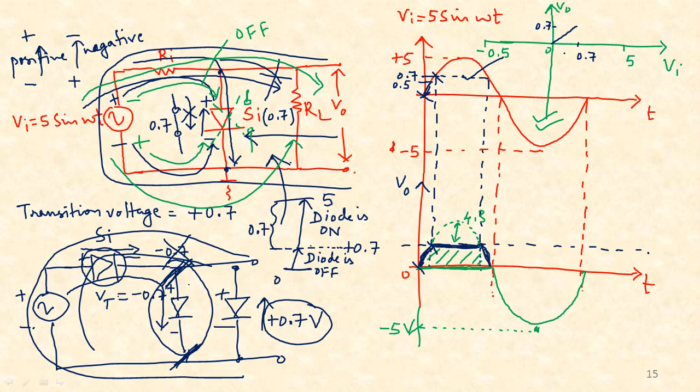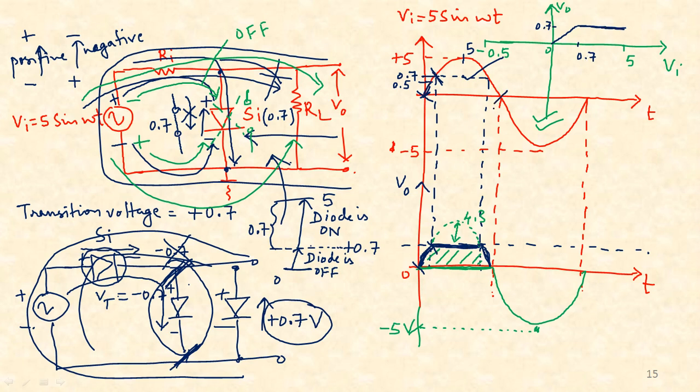So that's a linear curve. Further, when the input varies from 0.7 to 5, there is no output at all. It has been clipped away. So from 0.7 till 5, there is clipping. No output.